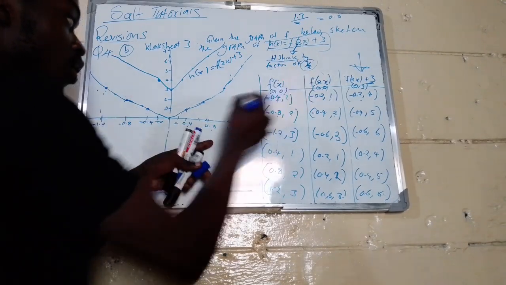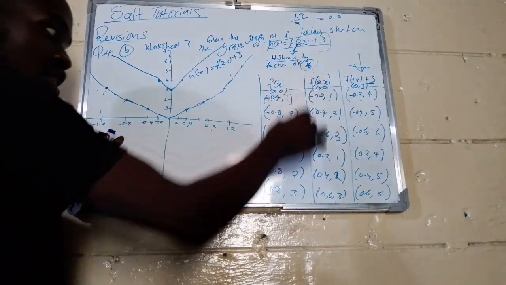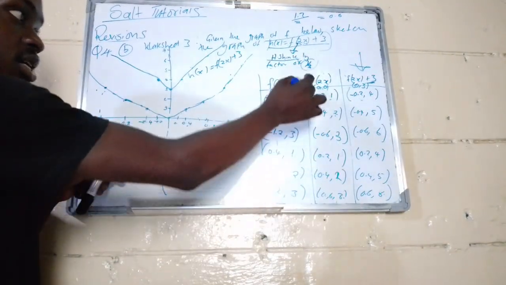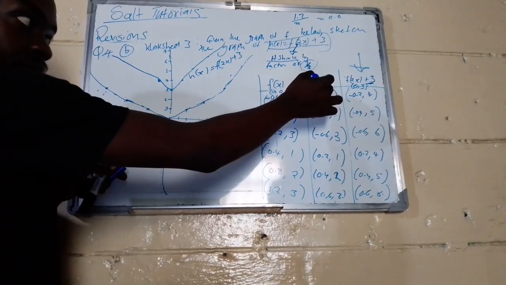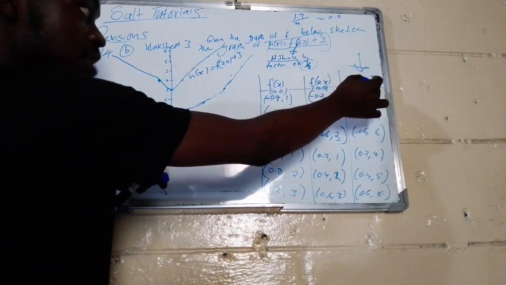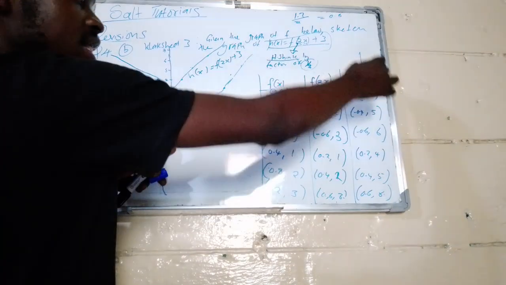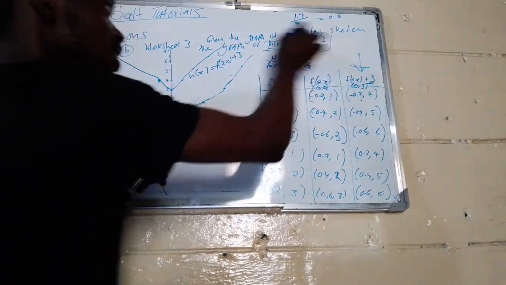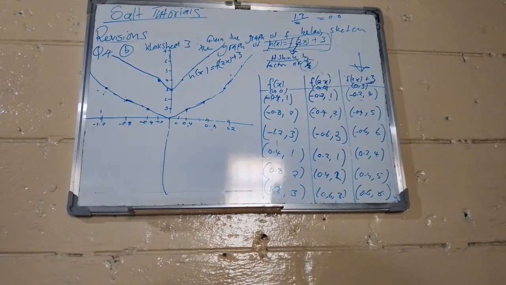All the x values should be multiplied by 1 over 2, but the y values should be maintained, starting at 0, 0. And then f of 2x plus 3. Plus 3 means that all the y values are increased by 3. So these are the final coordinates you're going to use to plot this final graph. That will be how you handle question 4b.